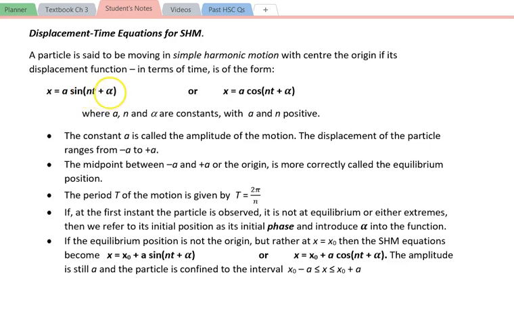And alpha slides the graph, doesn't it? We've looked at the translation not only of trig graphs, but of all of our graphs, where we've put a number in this position, and we've seen that a positive number pushes the graph back, and a negative number in this position pushes the graph forward. So just keep in mind that a, n, and alpha are just numbers.